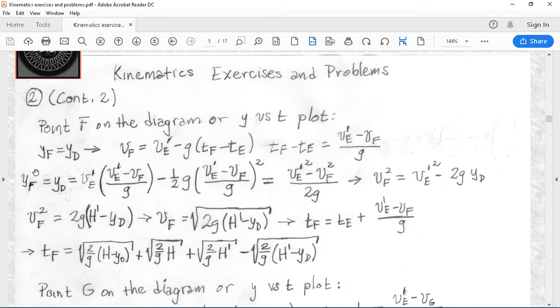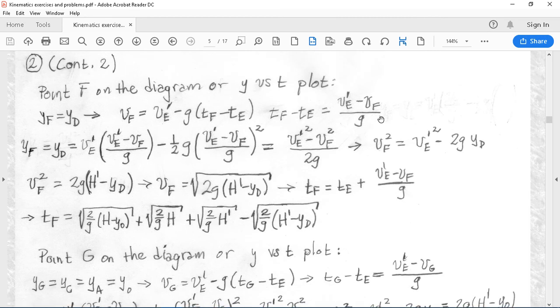Replacing this in the expression for yF, which is vE prime times (tF minus tE) minus 1/2 of g times (tF minus tE) squared, and doing the math, we get that vF equals the square root of 2g times (h prime minus yD).